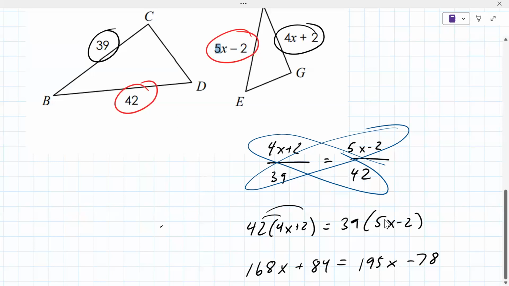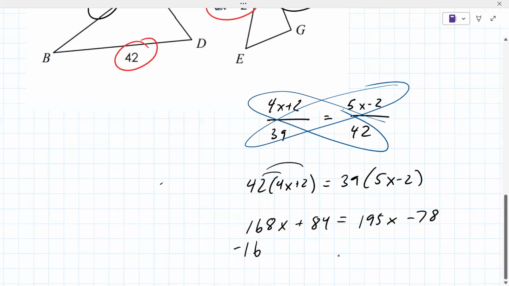Wait, so just 168 plus 84? Yeah, I'm just checking these. That's 252. You cannot combine those. They're not both the same term. These don't combine. But you can subtract 168x from both sides and add 78 to both sides.